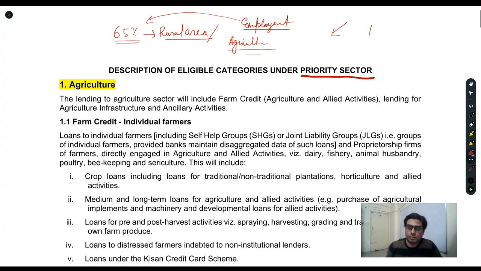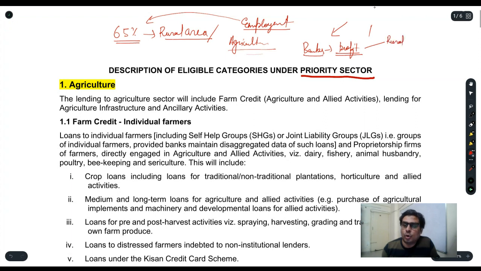For example, before NABARD, it was RBI who was involved in crediting to the cooperative sector or whatever sector of the economy. But generally, banks, and especially commercial banks, work for profit, so they have less interest in rural requirements.